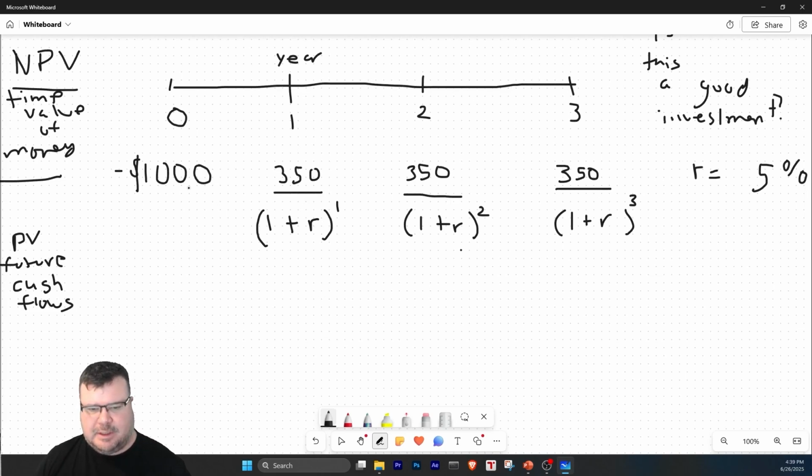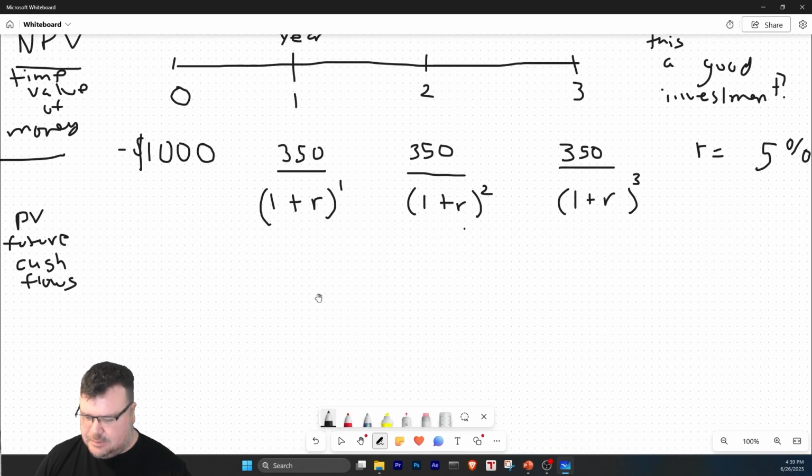Okay, so we've got year 0, we're paying $1,000 for the investment. In year 1, we expect to make $350. Then I put this through the present value of cash flow, and this is going to come out to 333. And this is going to come out to 317.